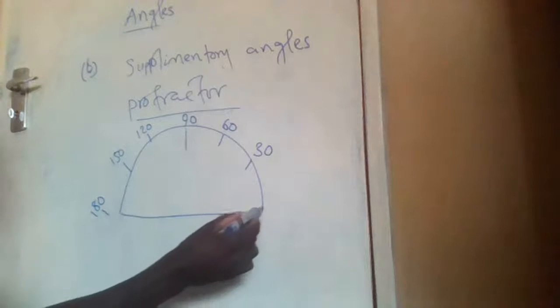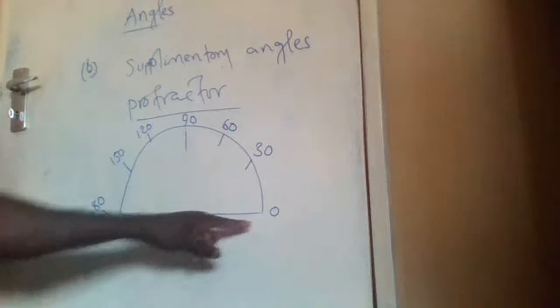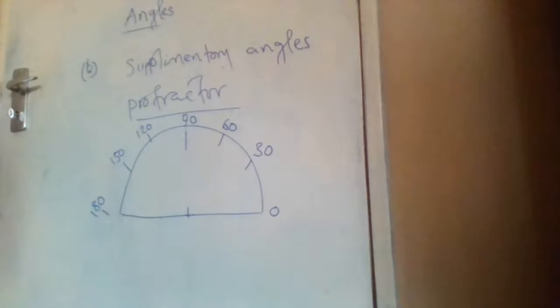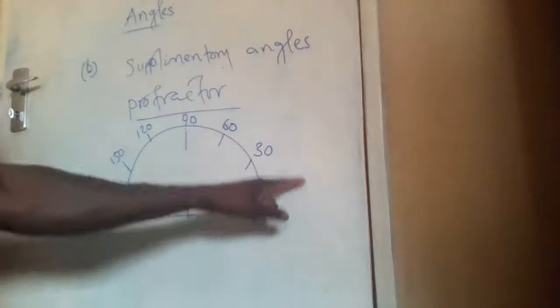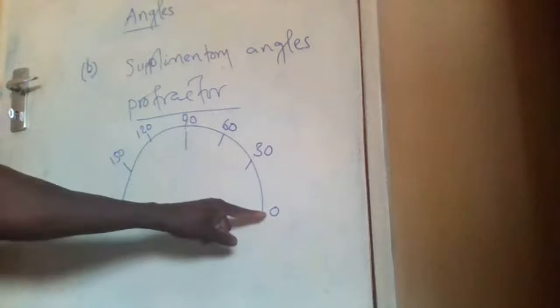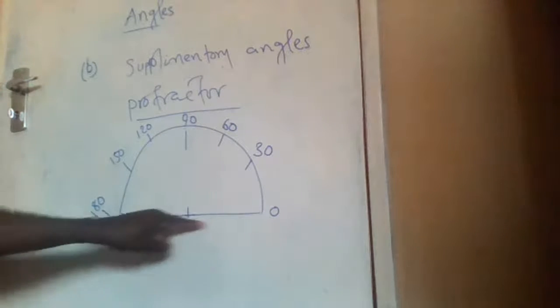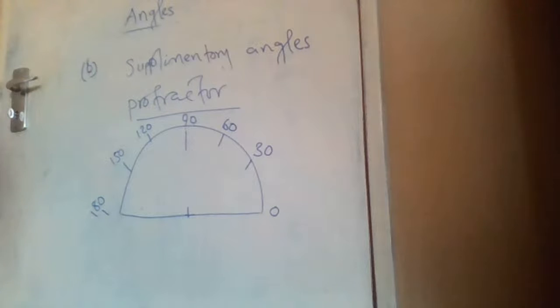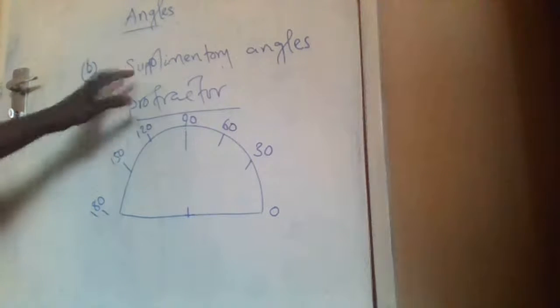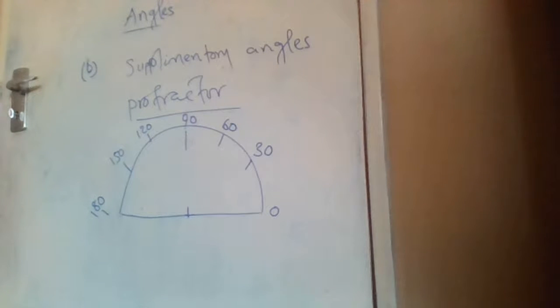So if this is a zero, and you go in an anti-clockwise way from 0 up to the last end of the straight line, it's 180. The protractor is one of the instruments that deals with supplementary angles.